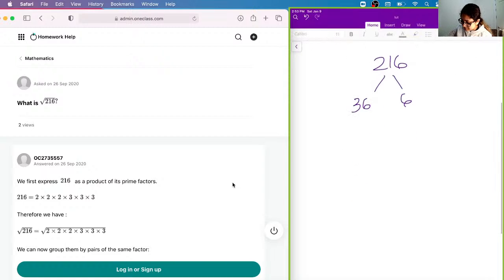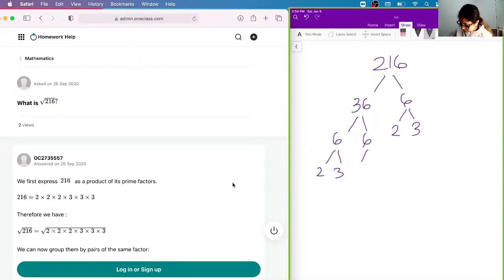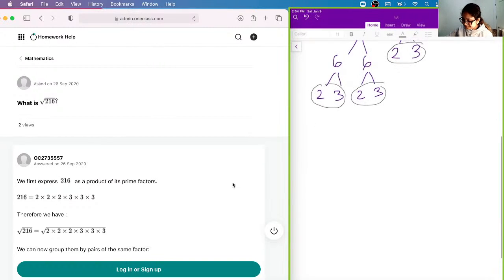So we can further simplify 36 and 6 to get 2 times 3 and 2 times 3, right? So our lowest term, or the lowest factor in this case, are 2 and 3. So we would group these and put it under a square root.